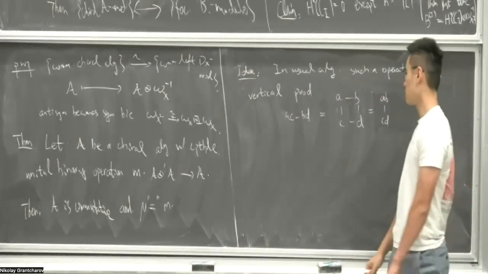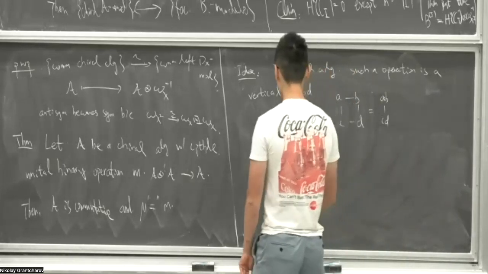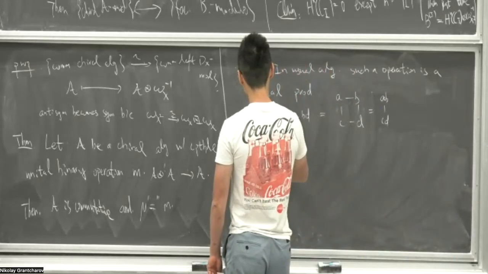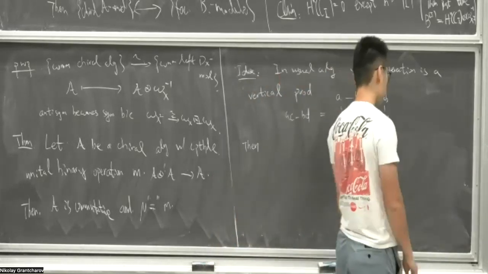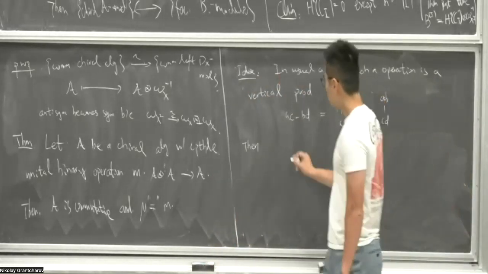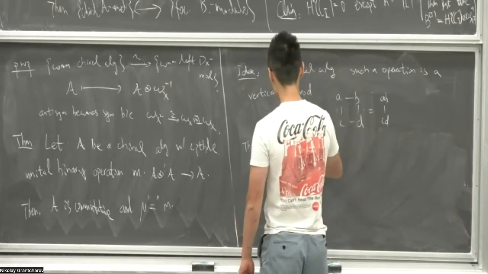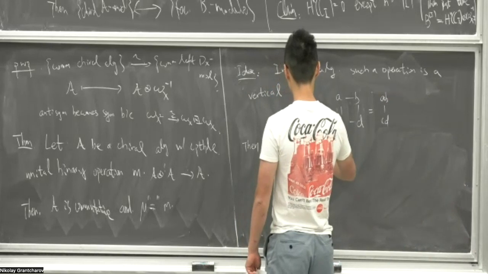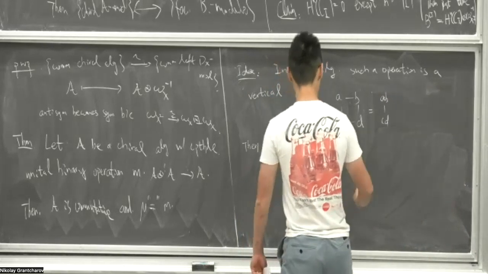That's what compatible means. Okay. And the point is that the two algebra multiplications both have units, and the units coincide by just looking at this.